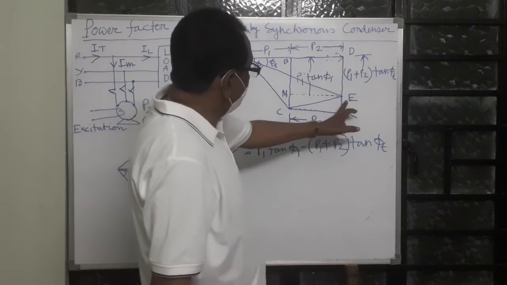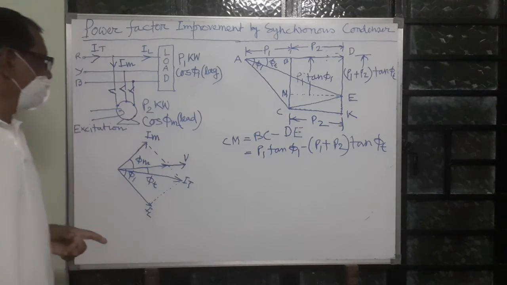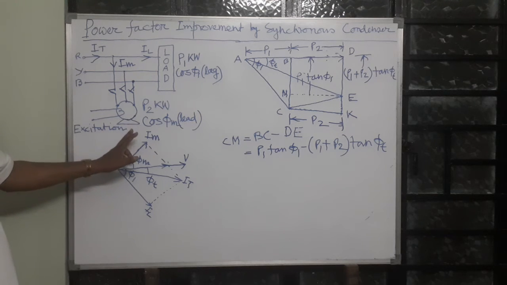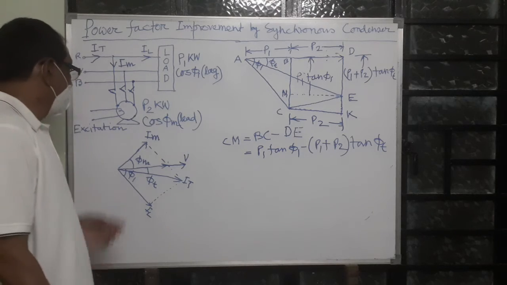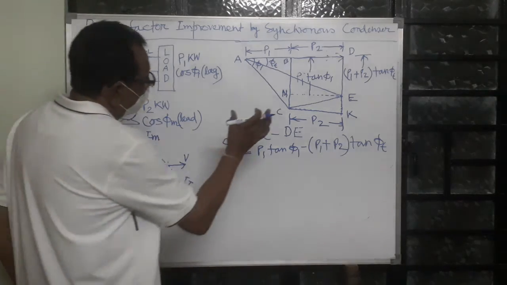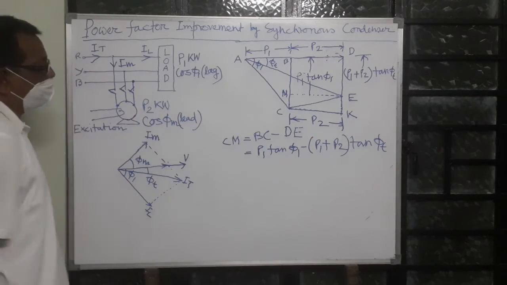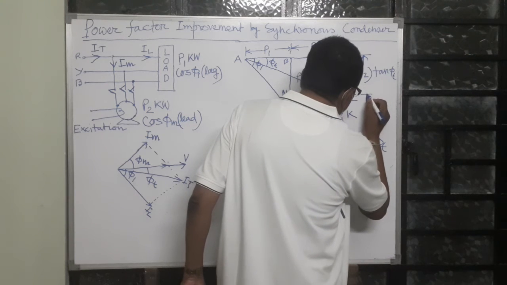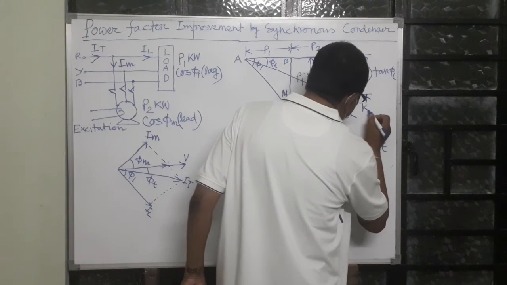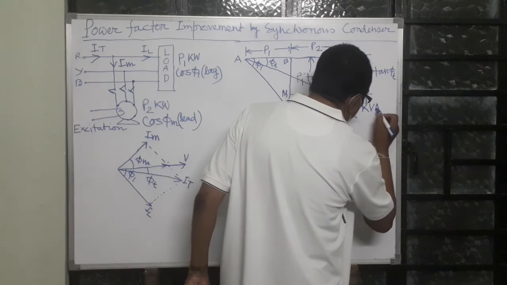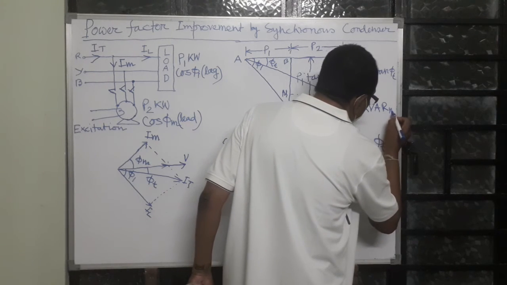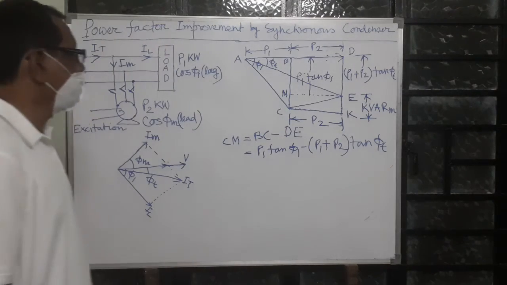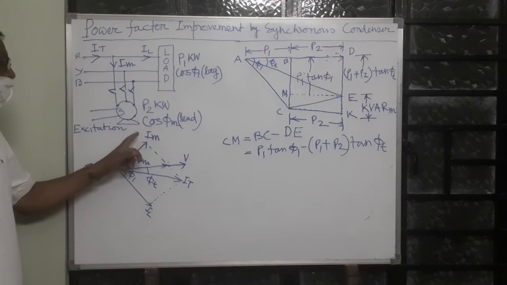CM is equal to EK, this is the leading reactive power supplied by the synchronous machine. So this is the power triangle of this synchronous machine. We can write kVARm, meaning the kilovolt-ampere reactive power of the synchronous machine.